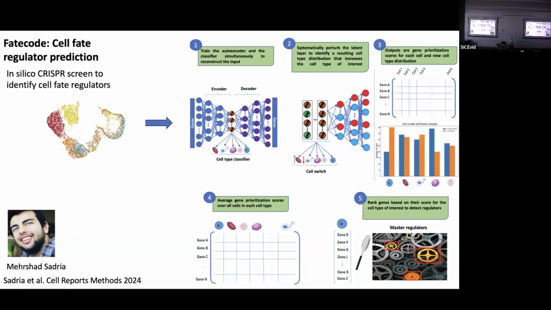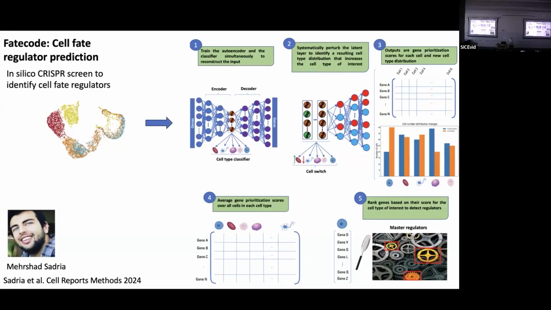We do this for all the different nodes, and we generate a database of results. Then we can look at that database and say, if we're interested in converting one cell type to another, when I perturb this node, I get a gene expression pattern that has converted cell type A to cell type B.